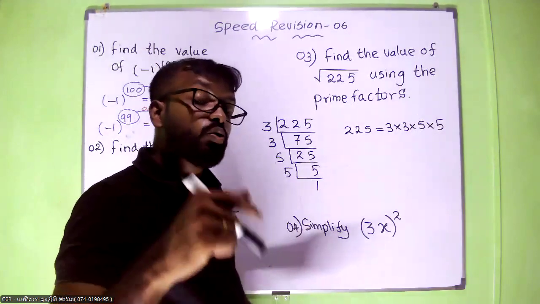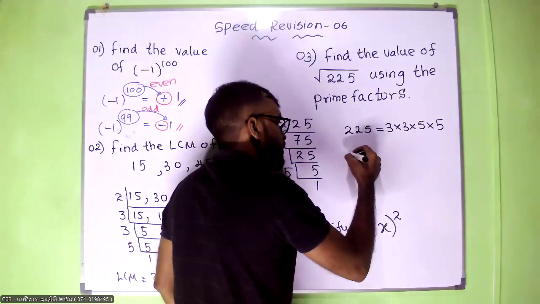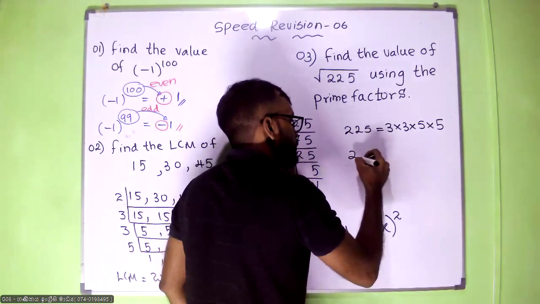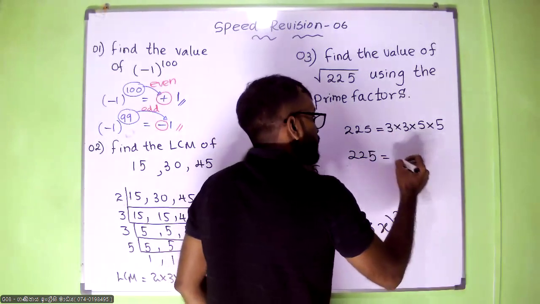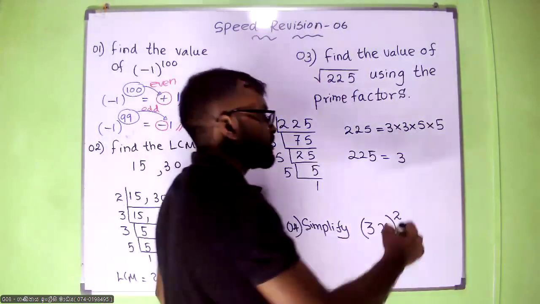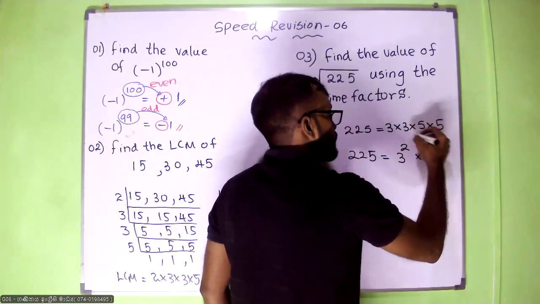Now how do you find the square root of that? So 225, you can write like this: 3 times 3, which is 3 to the power 2, multiplied by 5 times 5.